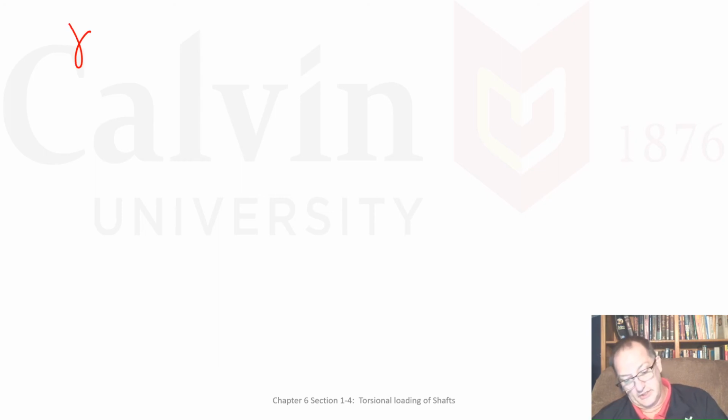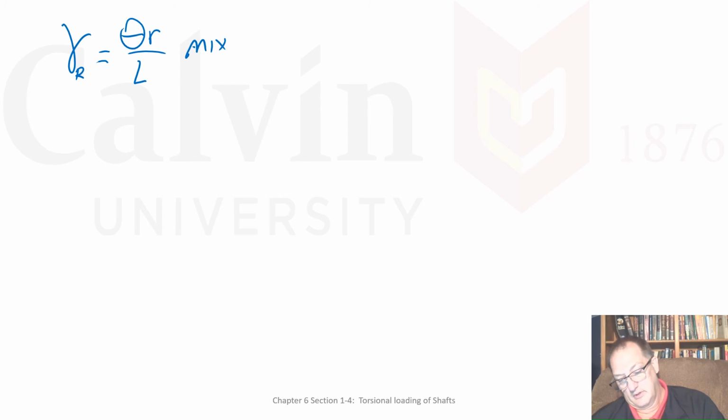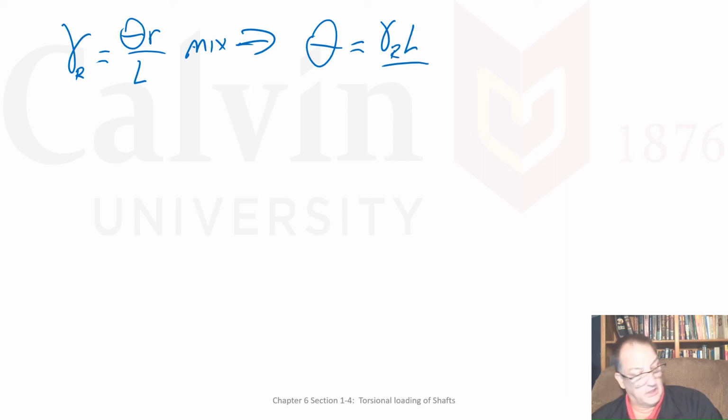I had this equation that the strain at any radius is equal to theta r over L. And then I'm going to rearrange that so that I get theta, because that's really my displacement now, is equal to gamma at r times L over r.